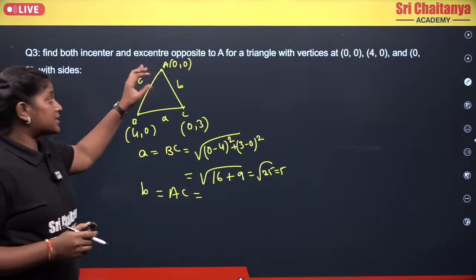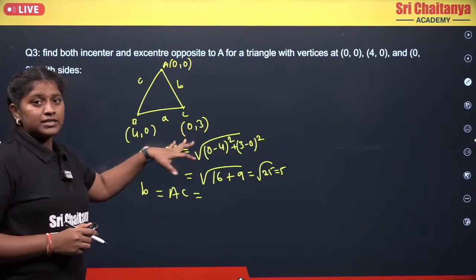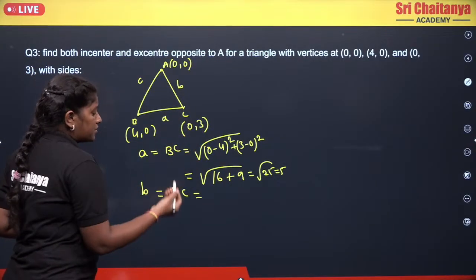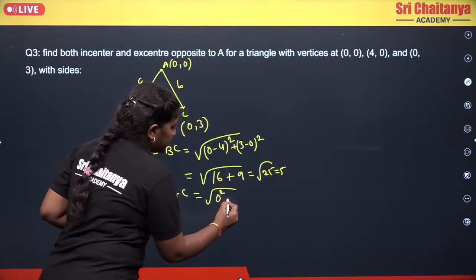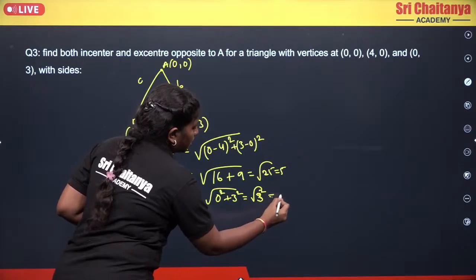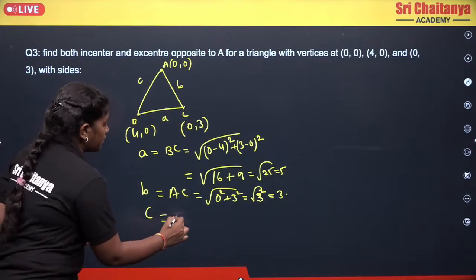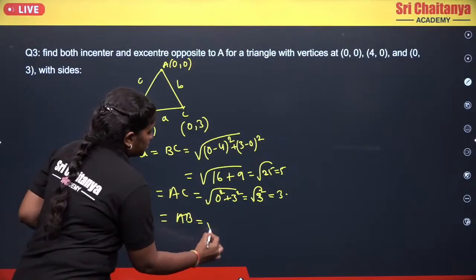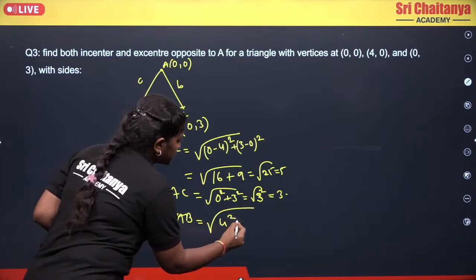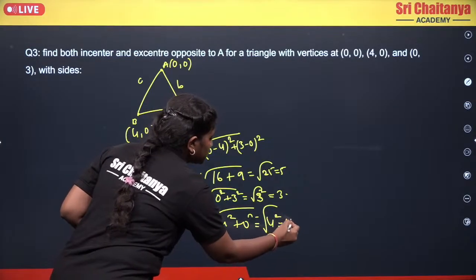One of the points is the origin, so that becomes root of x square plus y square. So 0 square plus 3 square is root of 3 square, which becomes 3. Now moving to c, which is AB: it will become root of 4 square plus 0 square, which is root of 4 square, equal to 4.